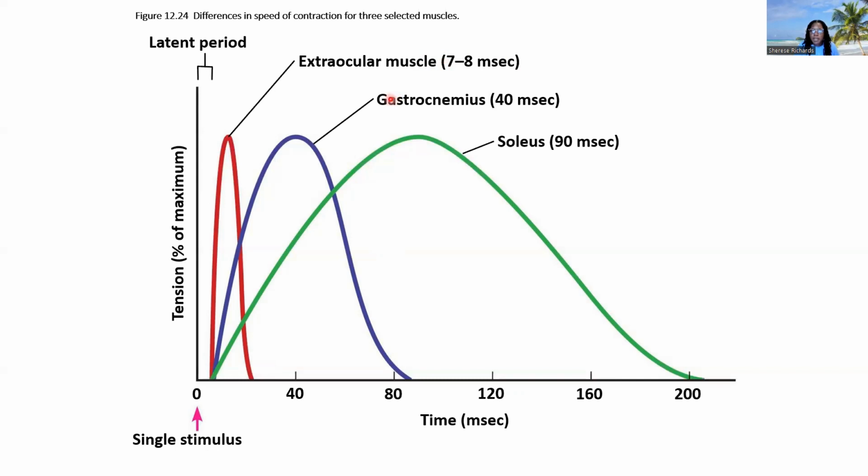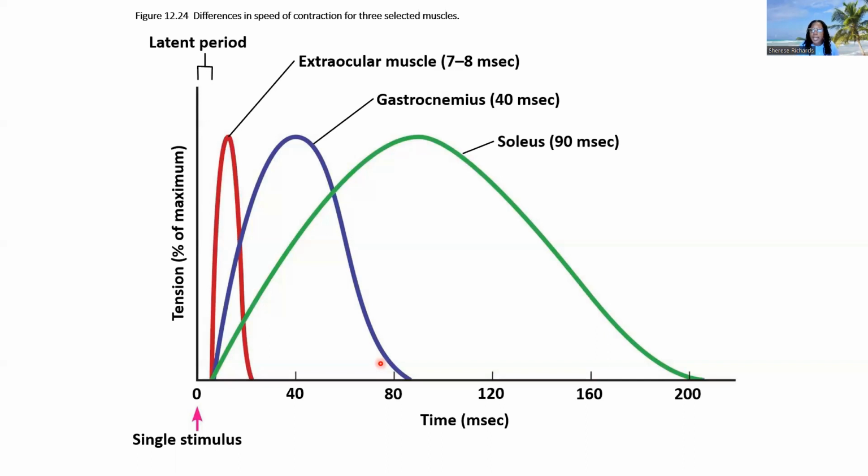The gastrocnemius muscle, on the other hand, is going to sustain contractions for longer. It's going to sustain contractions for about 40 milliseconds, okay? And then the soleus muscle. So the soleus muscle is going to be one of our postural muscles. It's a muscle deep to the gastrocnemius, and these are muscles in our calves.